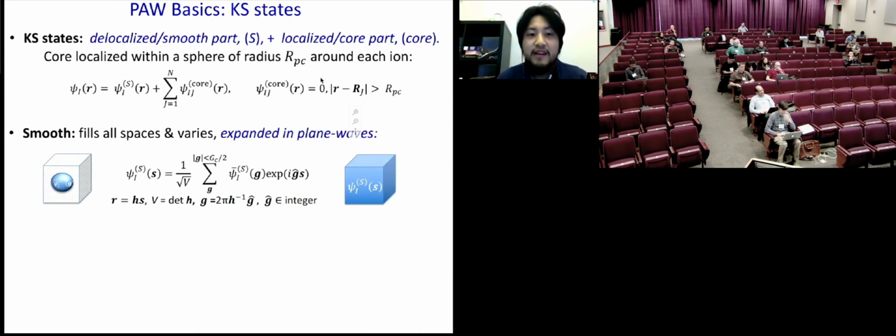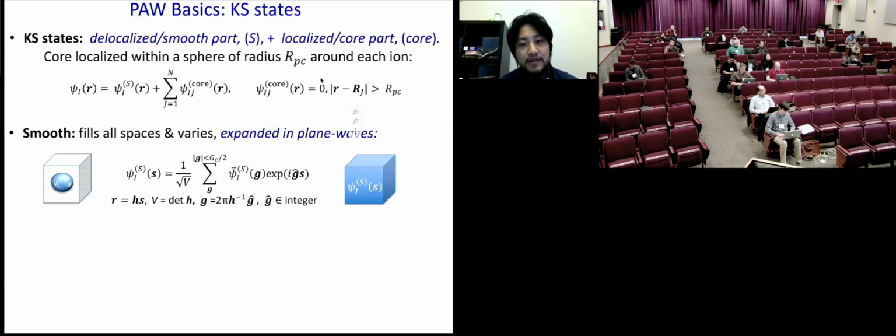So here's a bit of math. Forgive me. The total Kohn-Sham state psi can be split up into a smooth part and a core part. The core part has the contribution of every atom in your cell. So the number of atoms is N, and big J is the atom index.